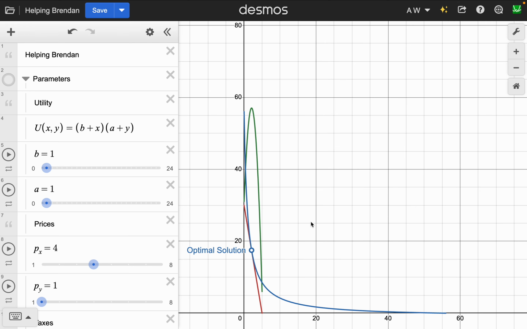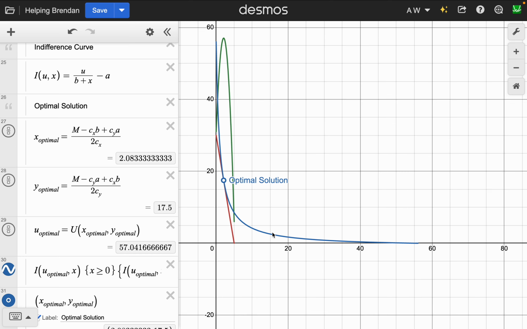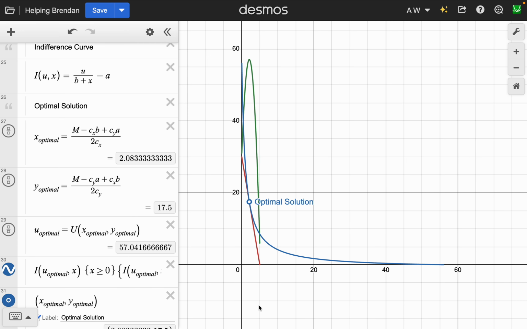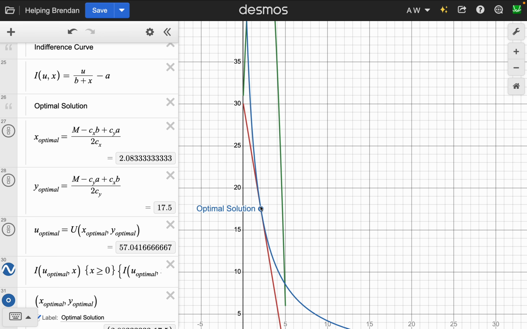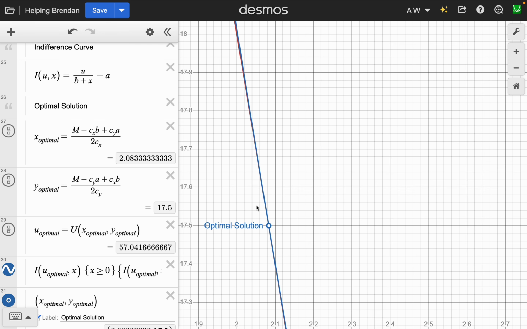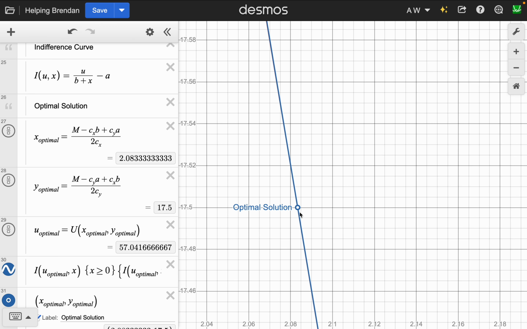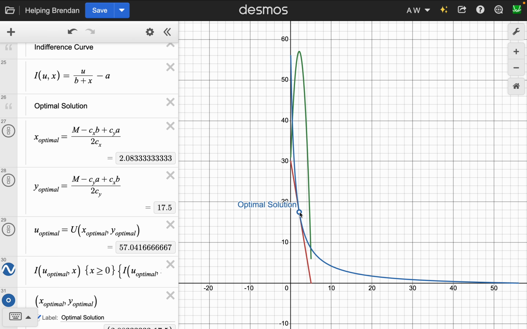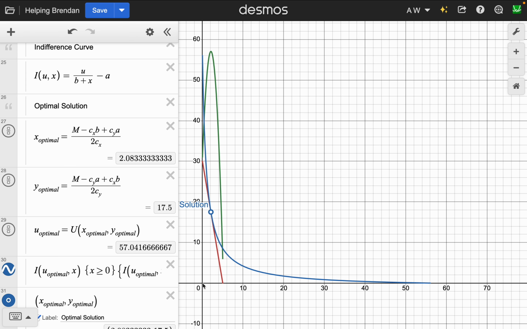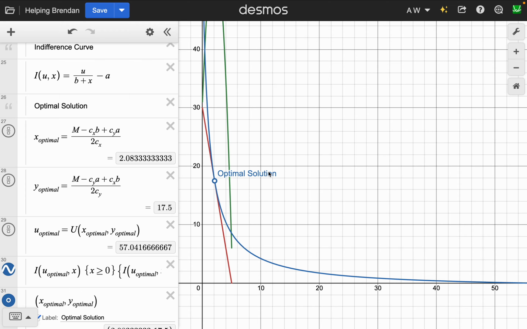So this blue line shows all the combinations of whiskey shots and cigars that give him 57.04 units of happiness. And you can see that this point on the budget constraint line is the highest indifference curve, aka the indifference curve that's the furthest out from the origin, aka the 0 point.